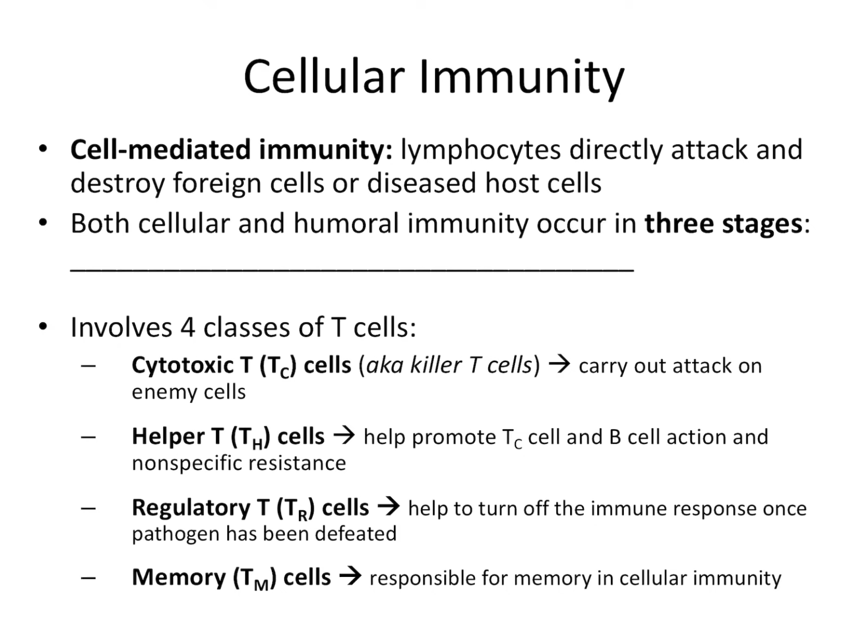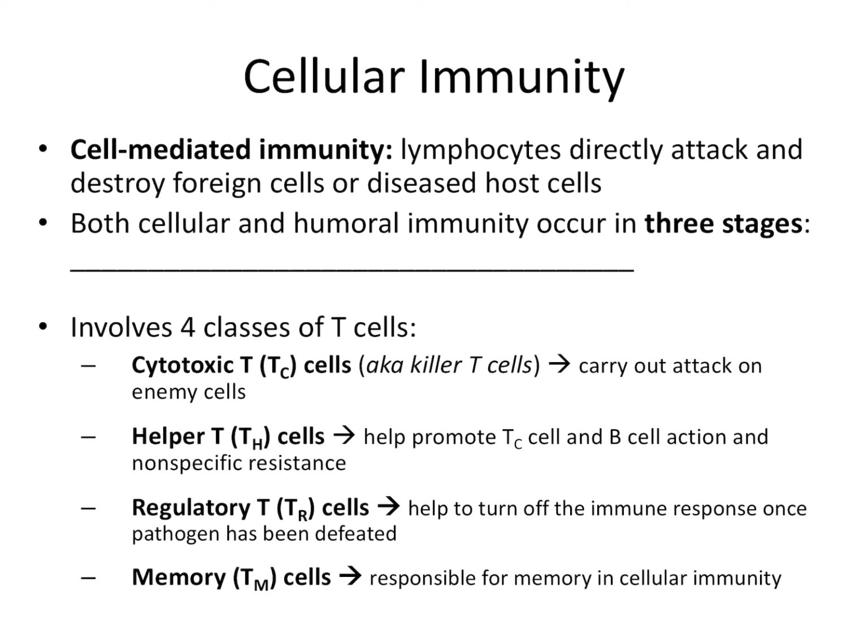So let's take a look at cellular or cell-mediated immunity. Again, this is a type of immunity in which we have specific lymphocytes, our T cells, that are able to directly attack and destroy foreign cells or diseased host cells. We're going to talk briefly about the types of cells involved in cellular immunity, and then also the stages of cellular immunity.